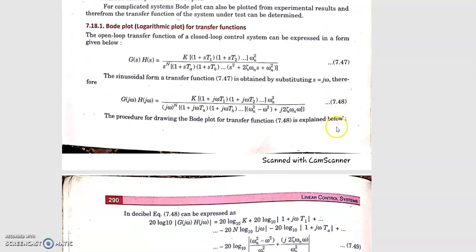Now, how can we obtain this equation 7.48? Simply put s equal to j omega in the above equation, and then we will find this one. After that we have to find the magnitude and phase by the use of equation 7.48. Coming to the next, because it's a logarithmic scale, in the Bode plot, all curves, the magnitude plot and phase plot, we will draw on semi log paper.